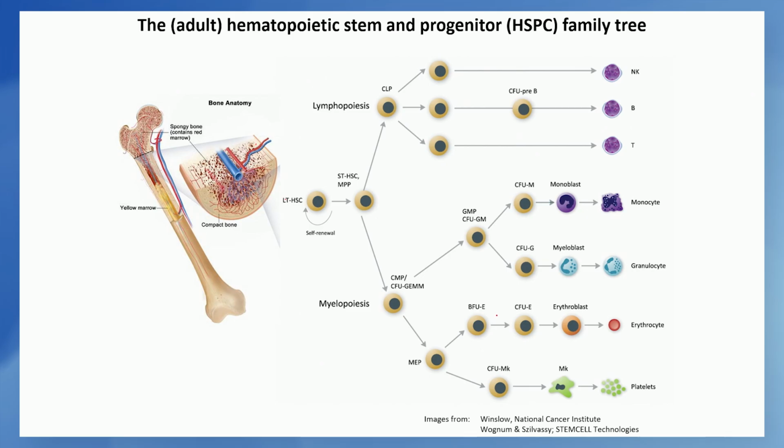Downstream you have, for example, the colony forming unit E, producing erythroblasts and erythrocytes at the end, or CFU-GM, colony forming unit GM. These are tests we can do to prove that we have progenitors in there, but it's not a real proof of stem cell activity.